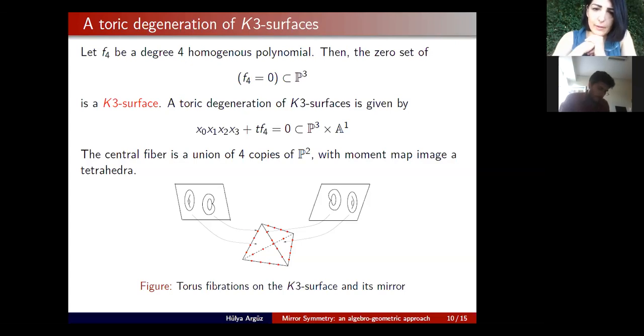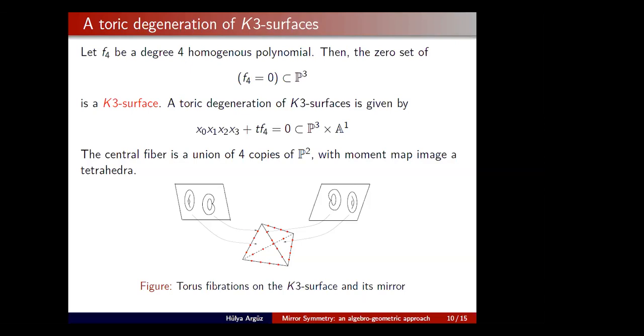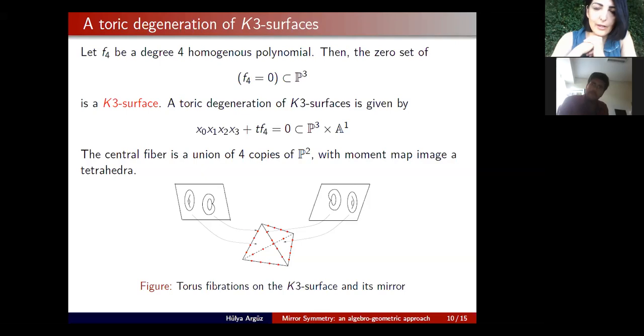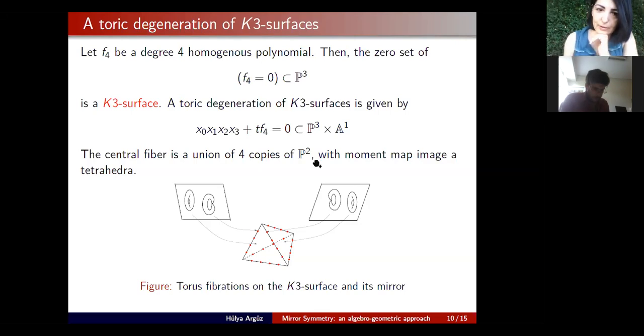And if you look at projective 2-space, toric geometry tells us that the momentum polytope of P2 is given by a triangle. So if you have 4 copies of these, they glue together to a tetrahedron that I drew here.